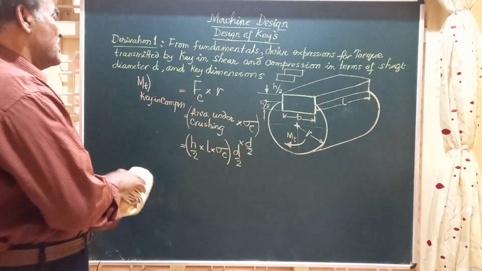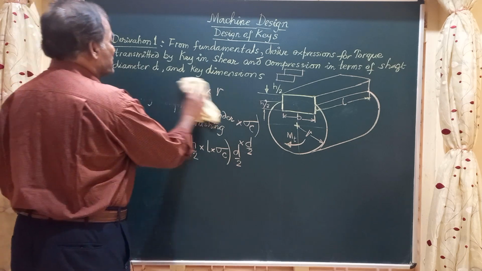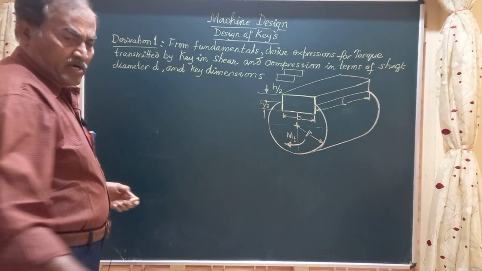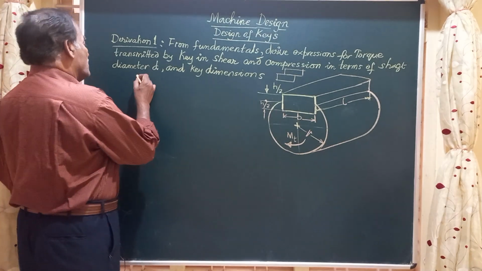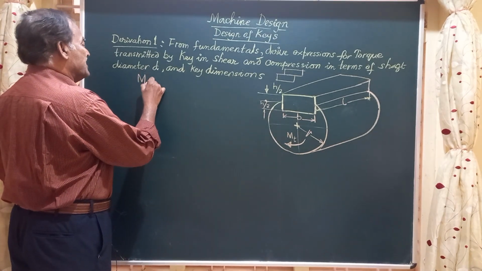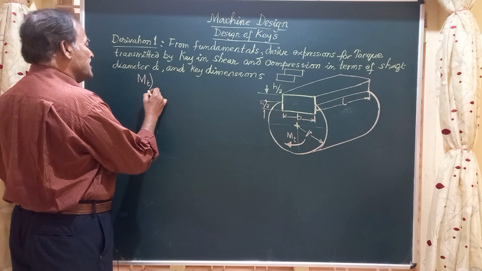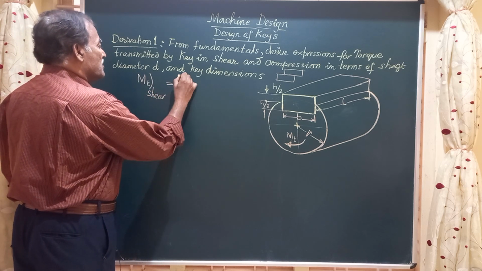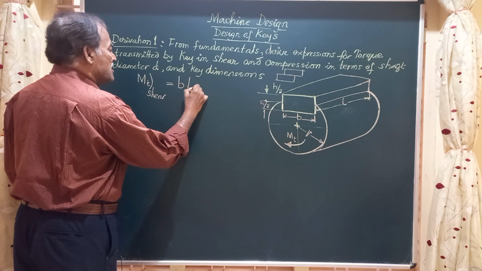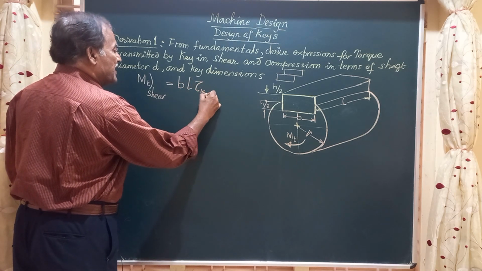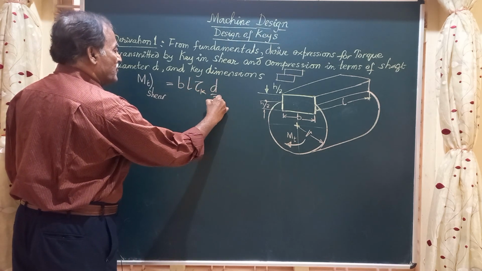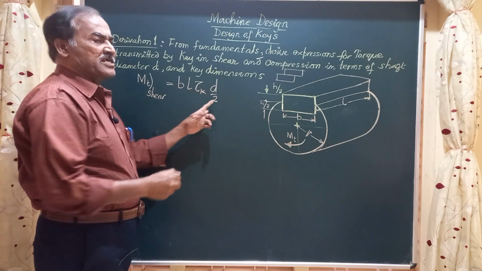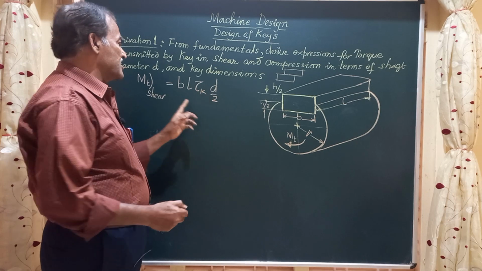So friends, finally the expression for torque transmitted by the key in shear is Mt of the key in shear equal to B into L into tau k into d by 2, where B into L is the area, tau k is the shear stress for the key, and d by 2 is the radius.